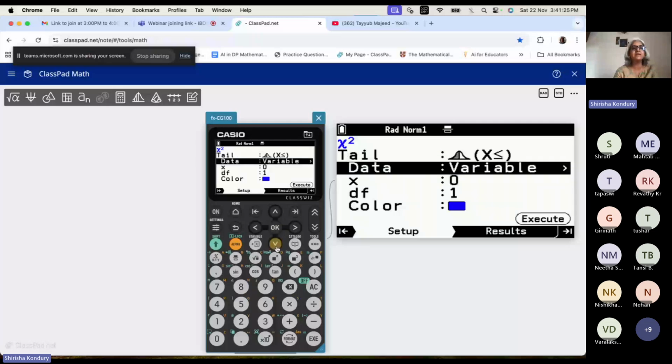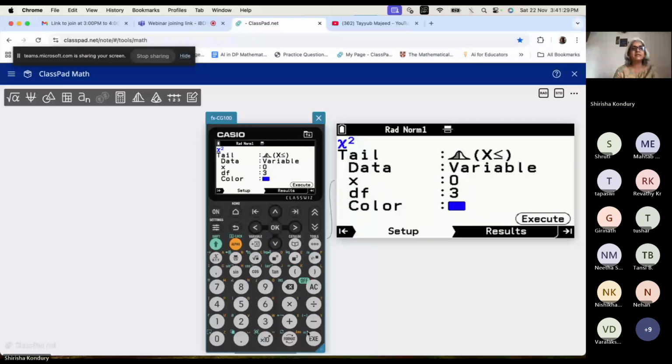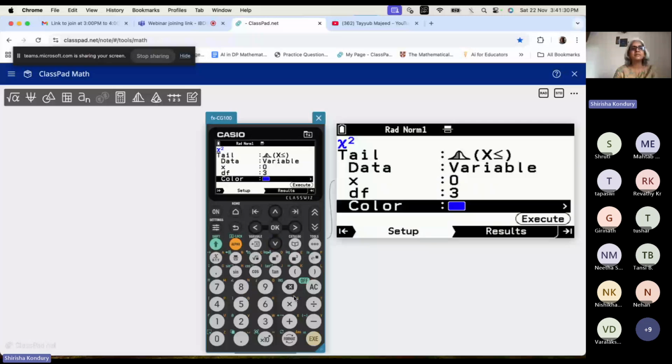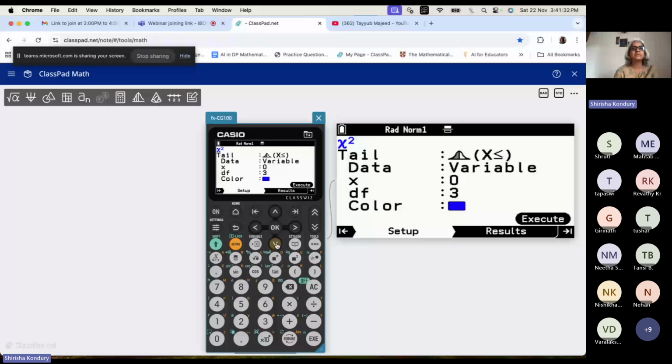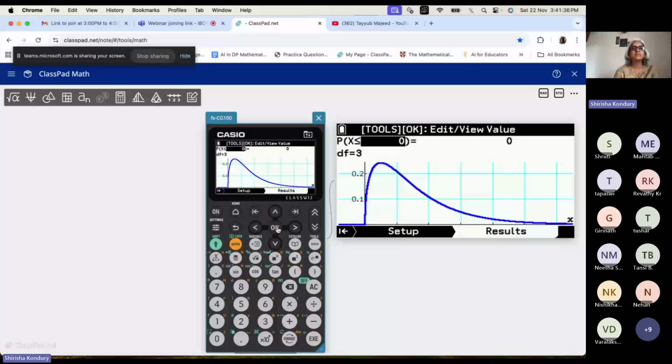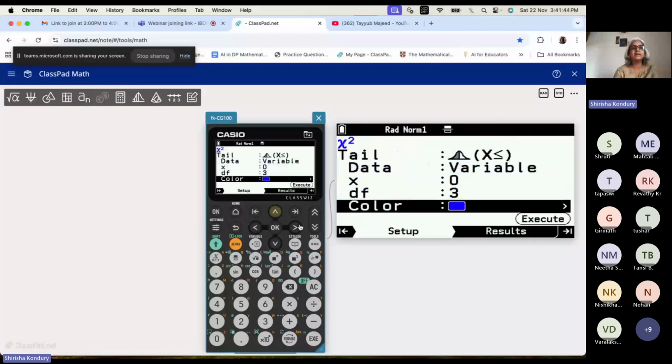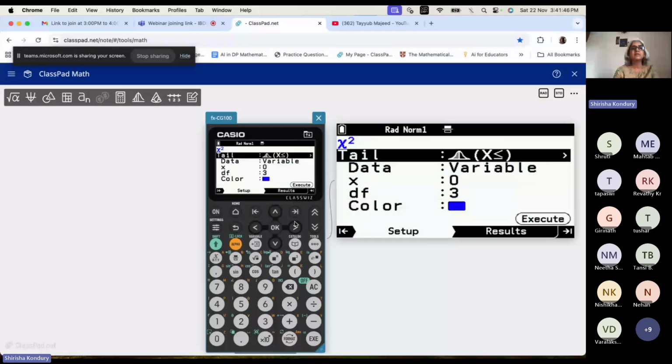I will put my degrees of freedom as 3 and execute. And I'll in fact change the tail to greater than because that's the critical value. So higher than that value is what I want to see. So I'm going to change the tail to greater than.